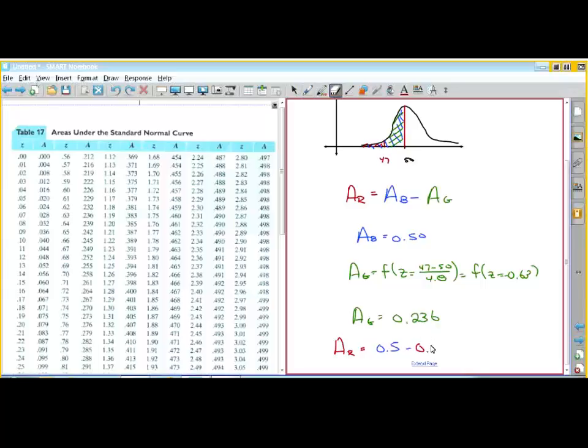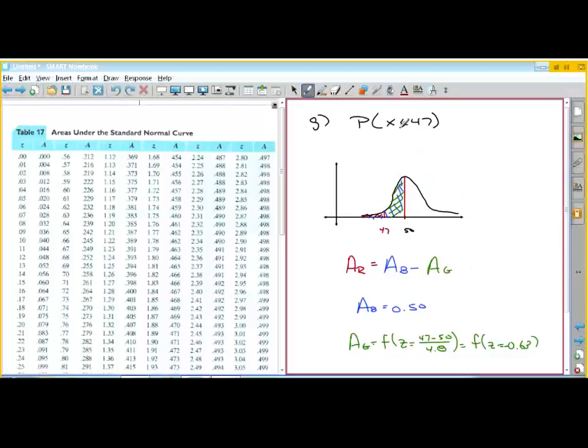That's 0.236. So 0.5 minus 0.236 is 0.264. So the probability of getting x less than 47 is 0.264, or a 26.4% chance.